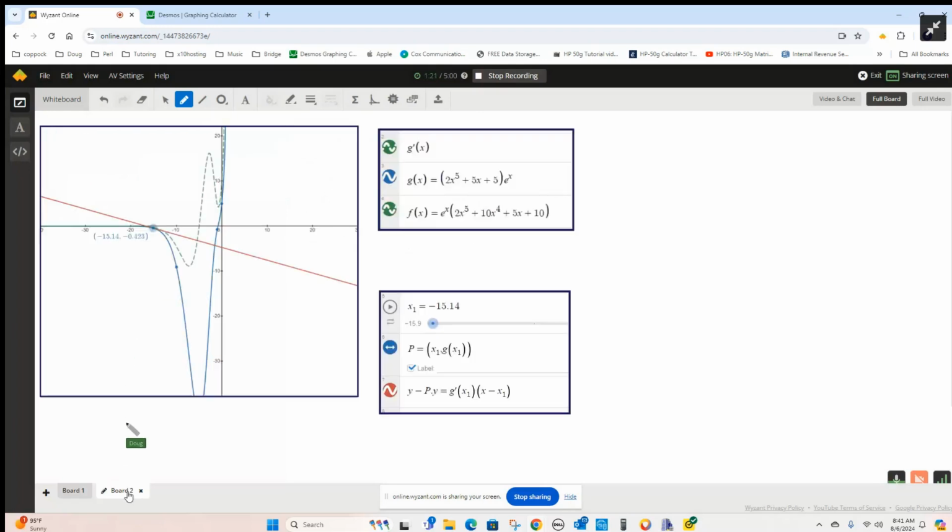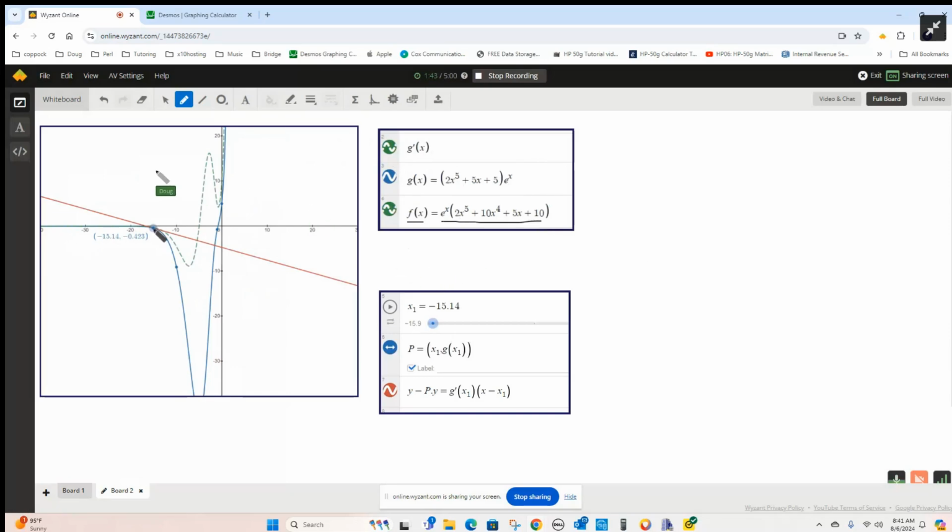Okay. If I go to board 2, just so you can see some stuff you can do in Desmos, g of x is this blue graph right here, and g prime of x is the dashed green graph, and so is f of x, the answer that we got on the previous board.